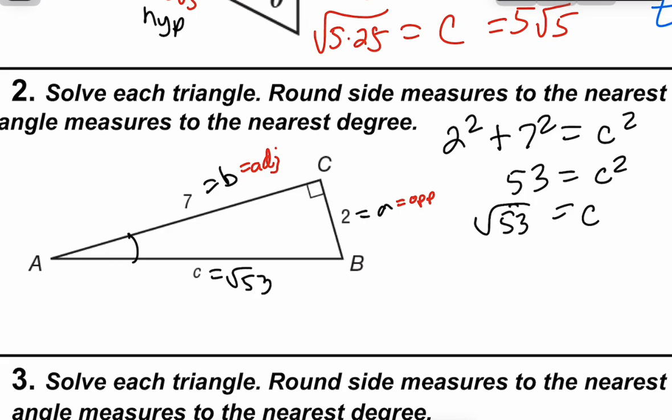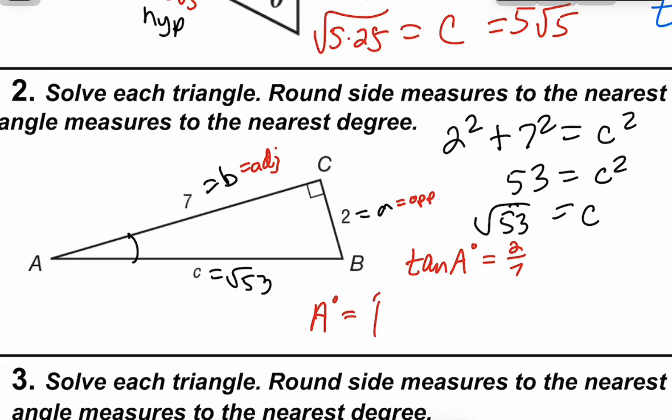That's a tangent. So I know that the tangent of angle A is opposite over adjacent. Now, if you use a sine or cosine, it would have to be a proper fraction. Tangent doesn't have to be. If it is a proper fraction, like 2 over 7, that just means that A is less than 90. Or it's a small angle. Okay, so we're going to hit in our calculator.